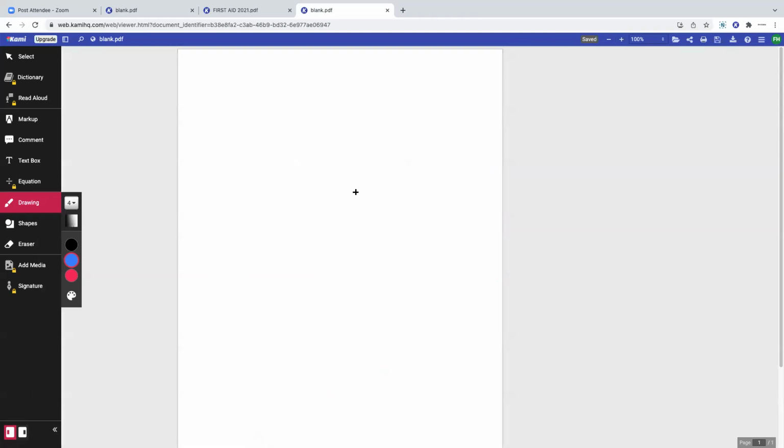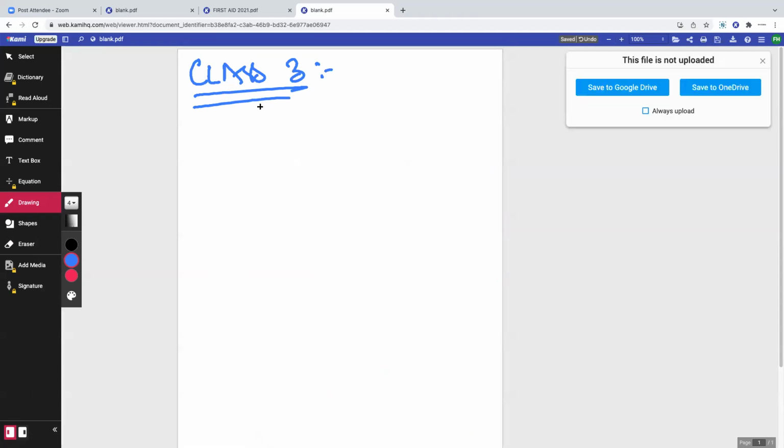Good. Can we talk about class 3 antiarrhythmic drugs? What are the class 3 antiarrhythmic drugs? Now, how do we remember this? For class 3 antiarrhythmics, there is a mnemonic. The mnemonic is AIDS.